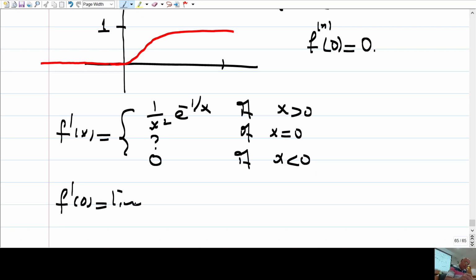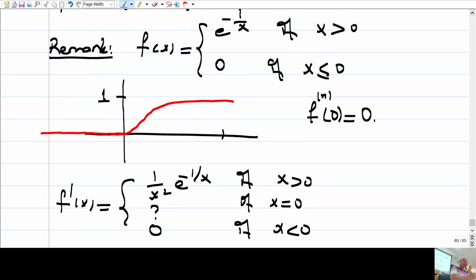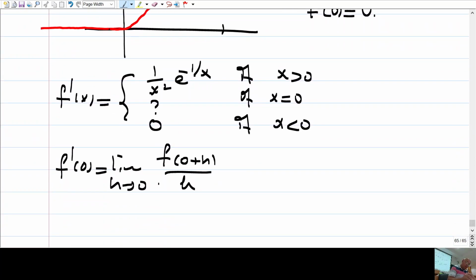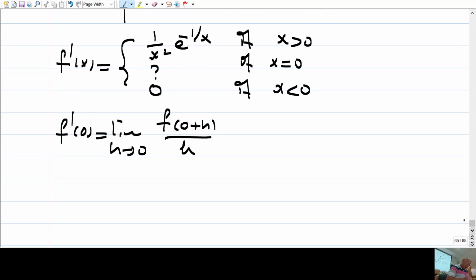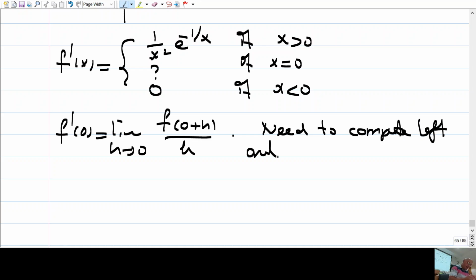Well, what is the derivative at 0? This is just the limit as h goes to 0 of f of 0 plus h minus f of 0, divided by h. But it will depend on whether you are approaching 0 from left or right. So for this limit to exist, I need to compute both left and right limits. Let's do that.